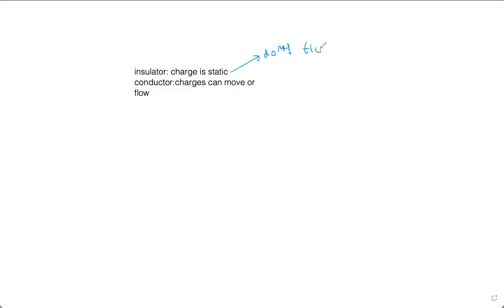Handwriting is a bit bad, please excuse it. And in a metal, the electrons can move or flow. Because metal is a good conductor of electricity, it has a large number of free electrons, which can move throughout the volume of the conductor. So it's an important point to remember.